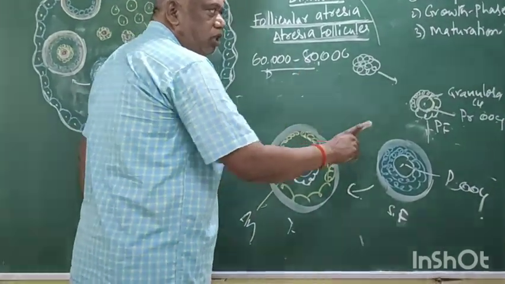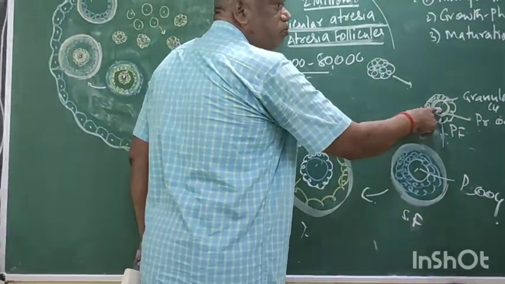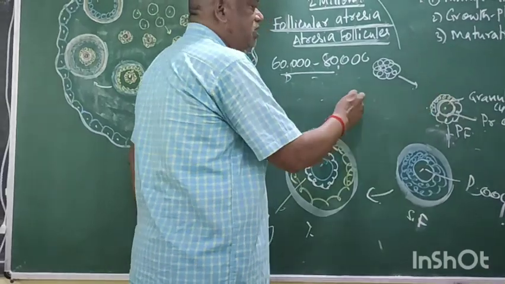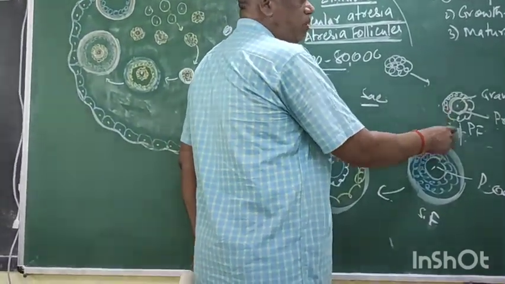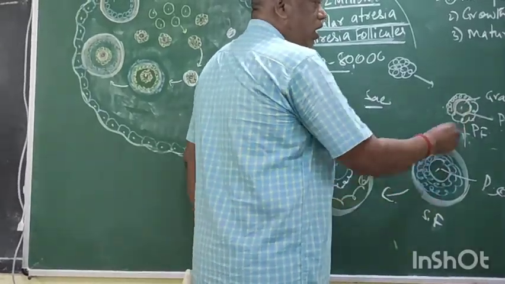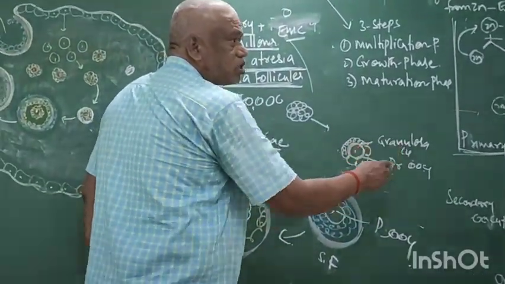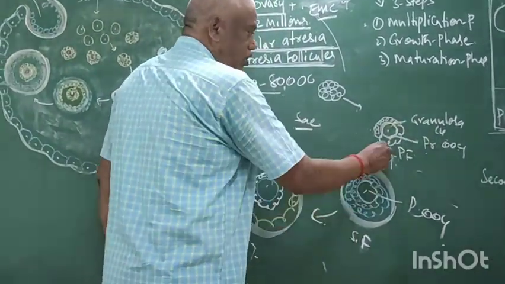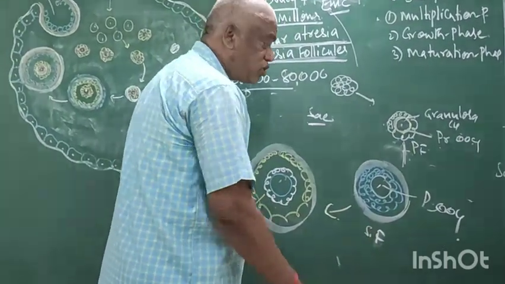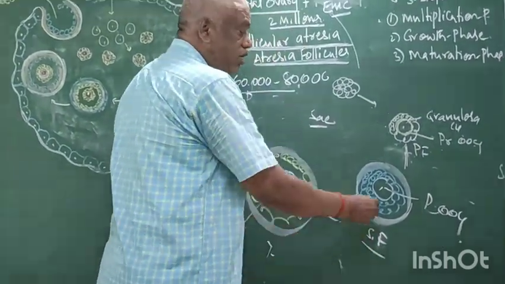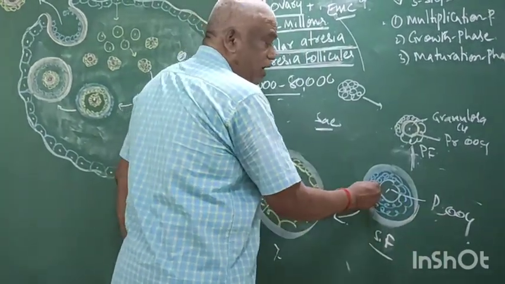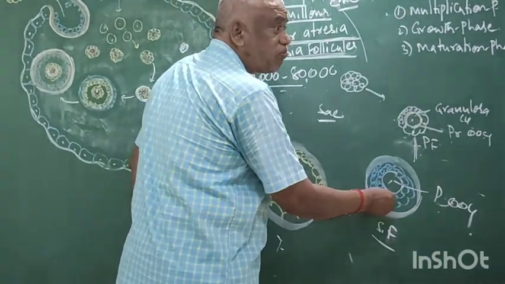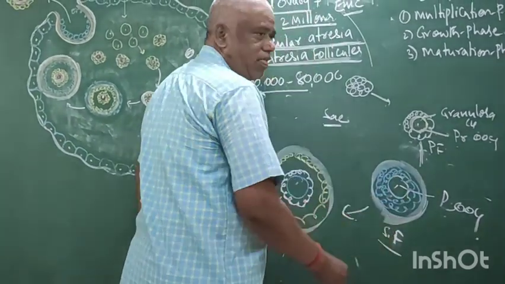Right. What is present in the primary follicle? Follicle means sac. In the primary sac, the oocyte is covered by granulosa cells. How many layers? Then what is the next one? Secondary follicle has a primary oocyte but covered by two layers of granulosa cells and theca.